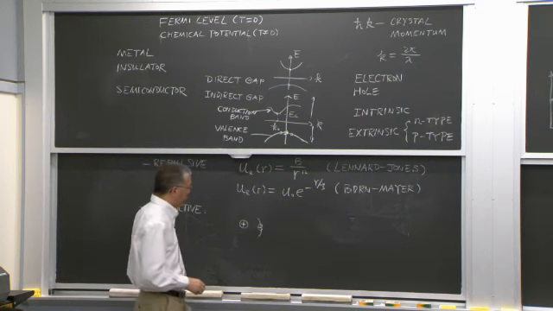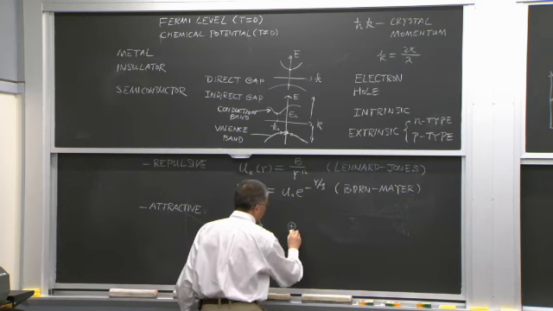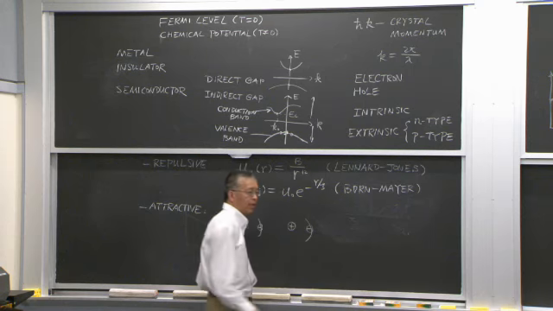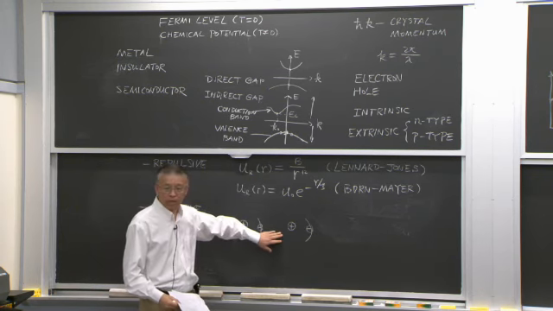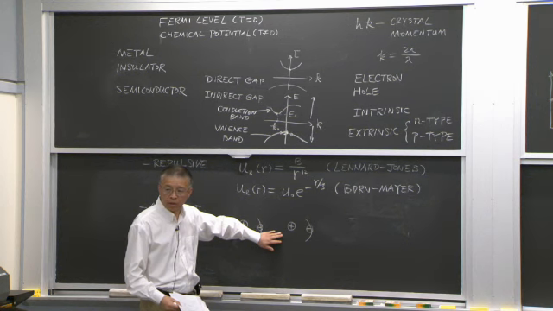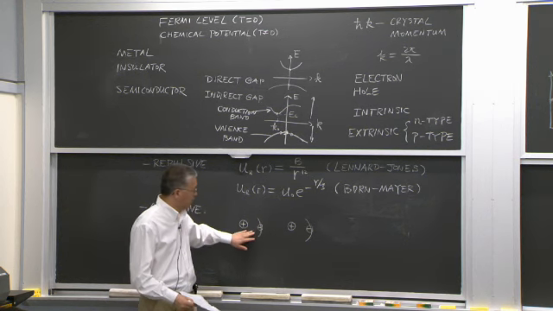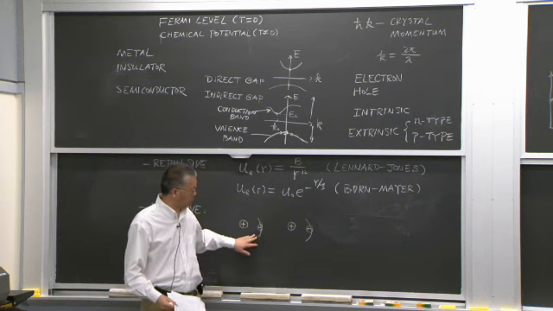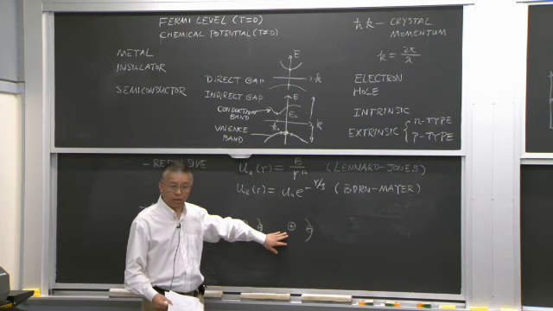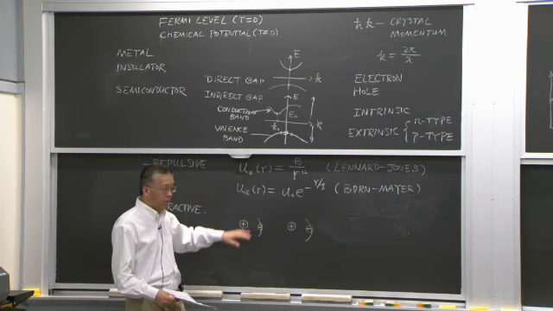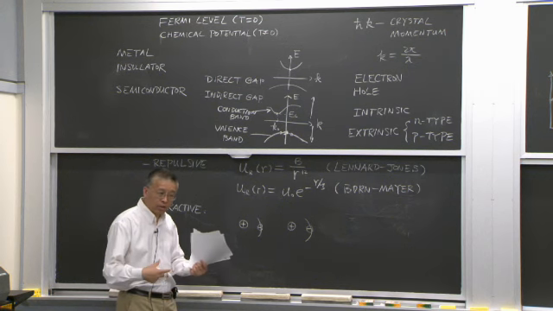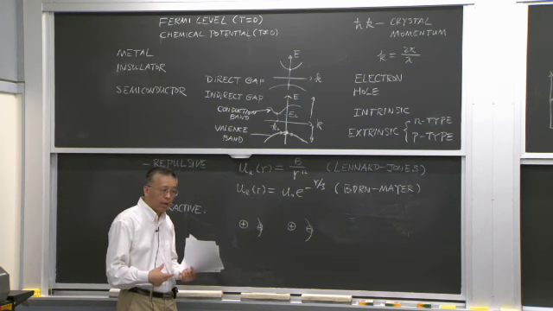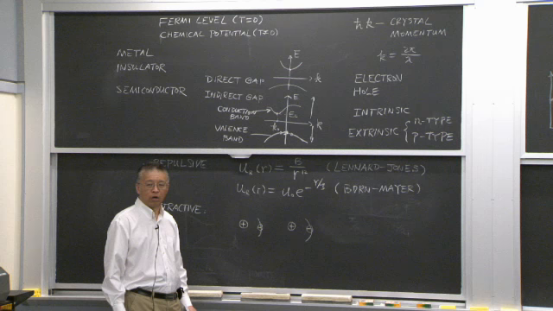So when you put them together, why could they have attraction? This positive nucleus will attract the electrons in the neighboring atom. And similarly, the electrons of this atom will attract the nucleus in the neighboring atom, right? So these are the dipole-dipole interactions. So you will mutually polarize each other, and that creates an attractive force.